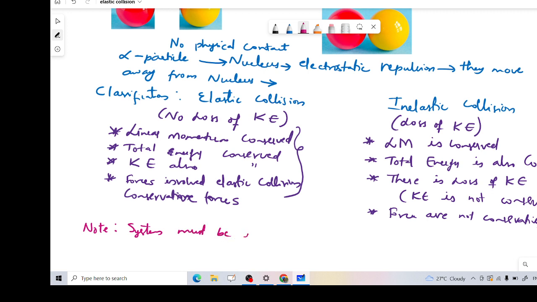That means there shouldn't be an exchange of any mass between the two objects, and we are not considering external forces, or we are just neglecting gravitational and some other forces. The system must be isolated to study both elastic and inelastic collisions. In today's lecture, we are only focusing on the elastic collision, and we are going to derive it.